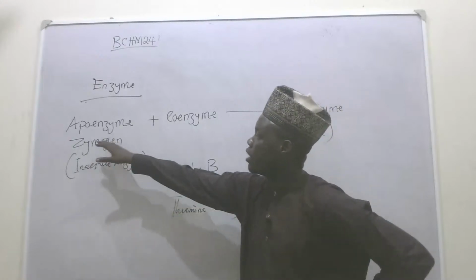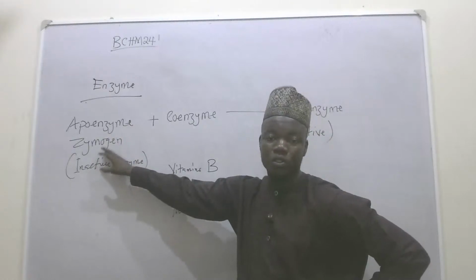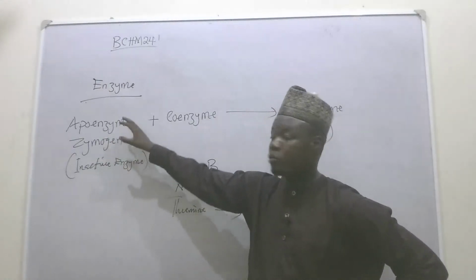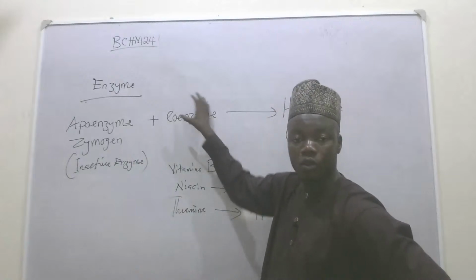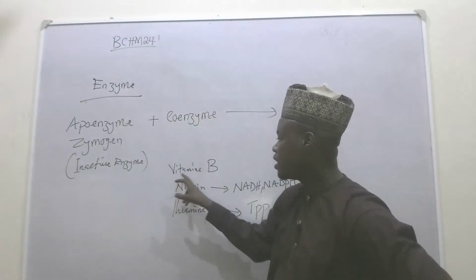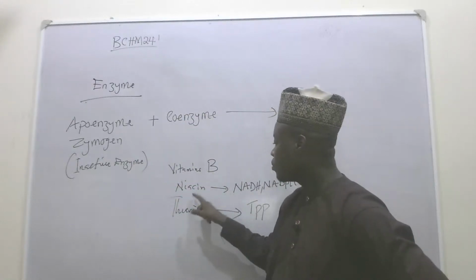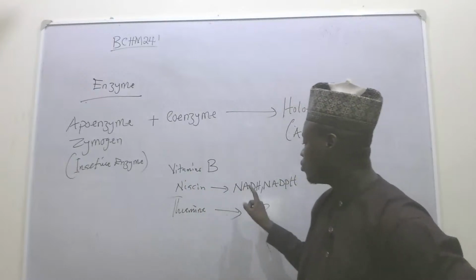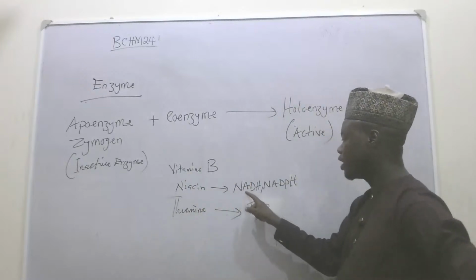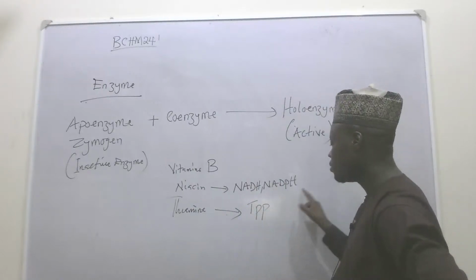So I'm saying that we have alpha enzymes or zymogen, which is inactive enzyme. And for these enzymes to be active, they require coenzymes. And what are those coenzymes? They are mostly vitamins B. Examples include niacin, from which we can get NADH and NADPH.